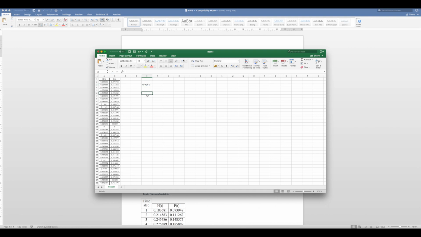To do this in practice, we have this PT. We use this value, for example, to predict this one: this is PT minus 1 and this is PT.